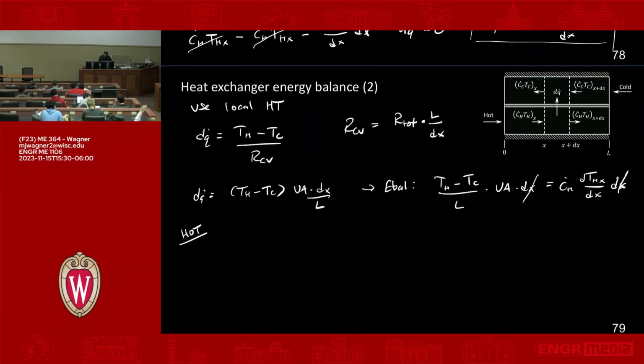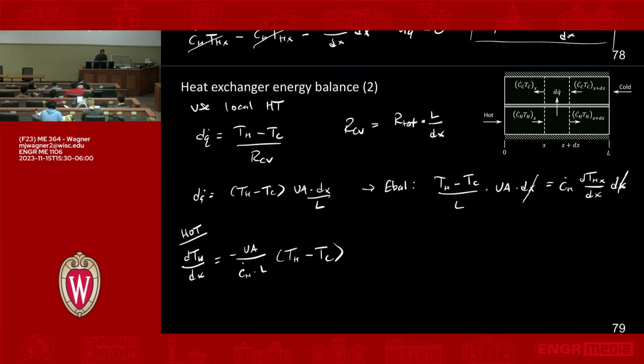So the result of this simplified, if we solve then for dTH/dx, this is going to give us dTH/dx is equal to minus UA over C dot H times L times TH. This is actually THx, right? It's the current temperature at the current location minus TC, which is also TCx, right? These are local temperatures, solving for these. That gives us a hot equation.